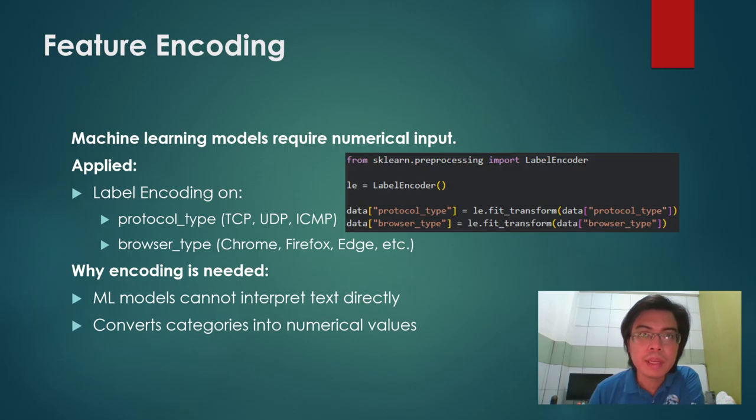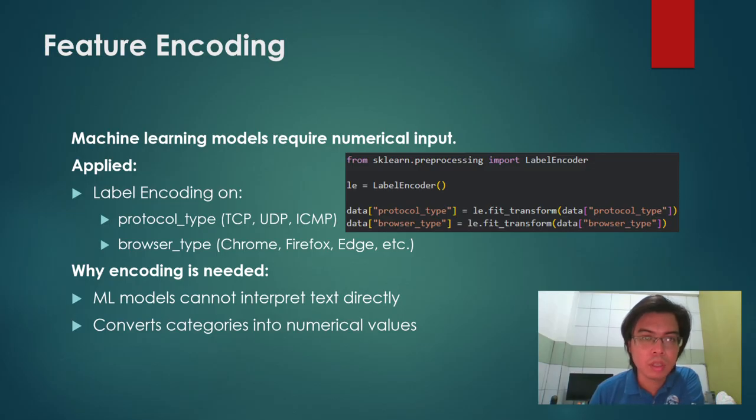In this step, we applied label encoding to convert categorical variables into numerical form. This is necessary because machine learning models cannot directly understand text like TCP, UDP, or browser names such as Chrome and Firefox. So we use LabelEncoder to transform these categories into numbers.